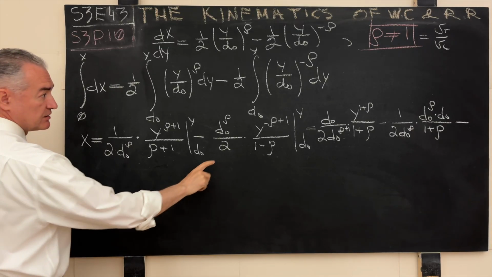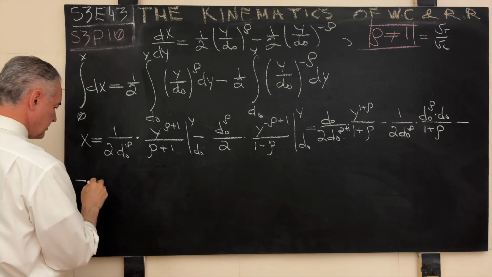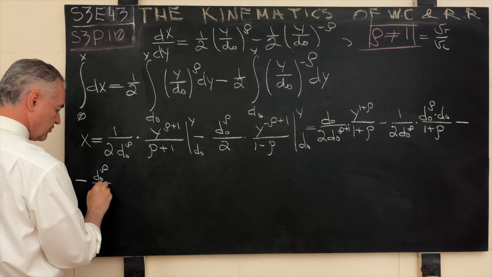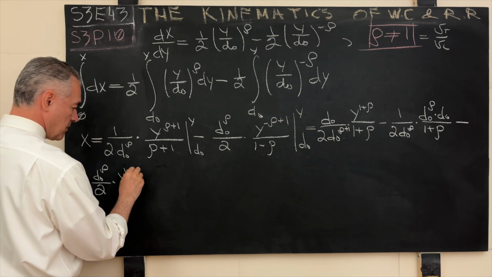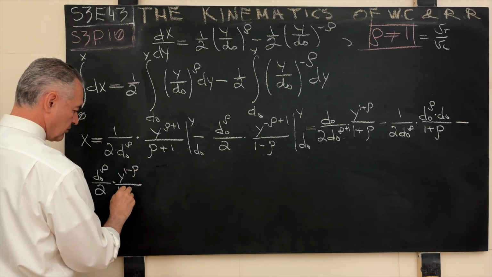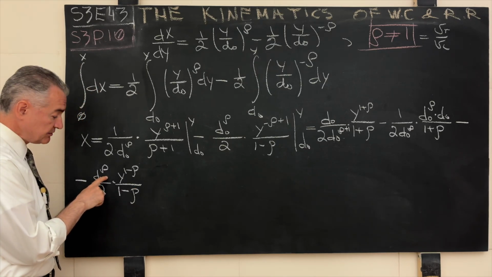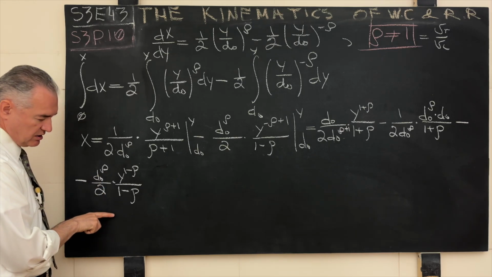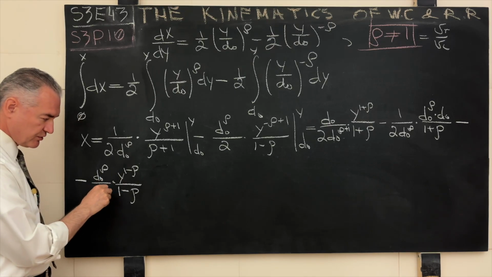Minus, this is our second term. Again, at the upper boundary of integration, we will have essentially the same term. We will write it like so, d0 raised to the power of rho divided by 2 times y raised to the power 1 minus rho divided by 1 minus rho. And here we'll do the same thing. We'll multiply this numerator by 1 copy of d0, divide over here, and once we move this into the denominator of the denominator, again, we'll be able to merge y over d0.